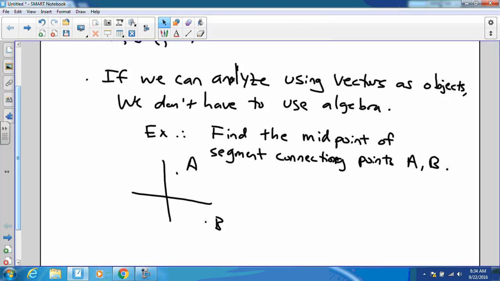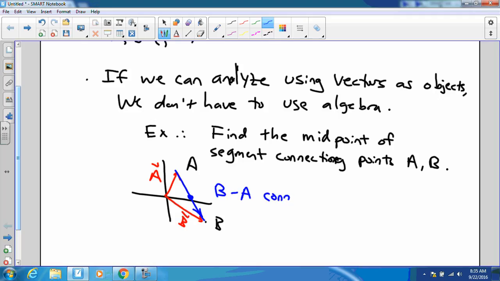Take your points A and B, like so, and create vectors from the origin. So this vector A will represent our point A, and this vector B will represent our point B. And now the midpoint of the line segment connecting these two is going to be the point that is halfway from A to B. But the vector connecting A and B is literally B minus A. Look, tail to tail, connect.